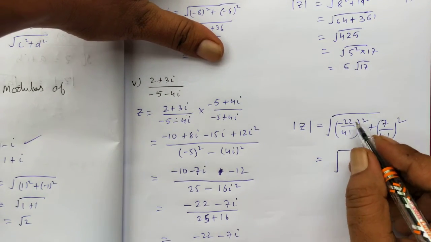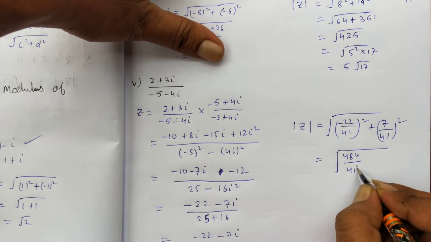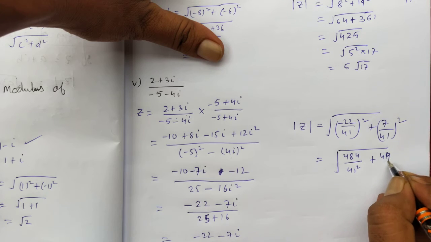If you square 22, you'll get 484. I'll just write 41 square so that we can do the LCM quickly. 7 square is 49.